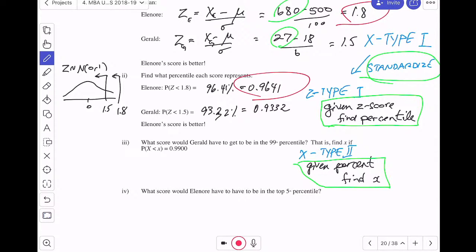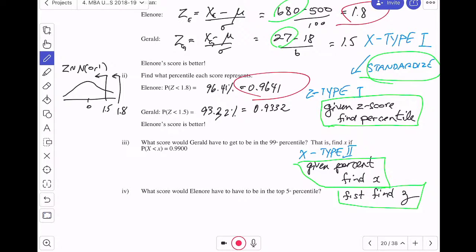To do this, given only the standard normal table, I'm going to first find the Z score.